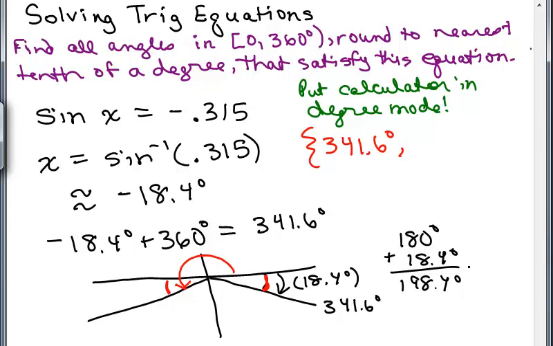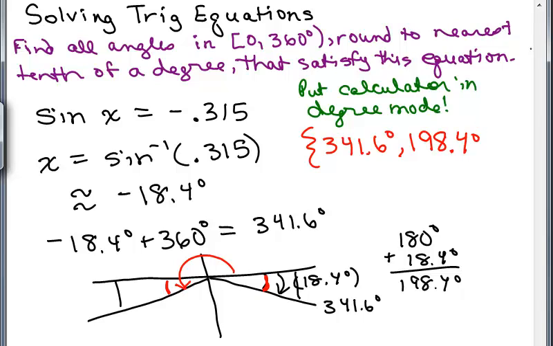Rather than memorize it, I always like to look at the picture, and you're just doing a little problem solving to figure it out. All right? Because this should have the same sine. If you look at it, right, same sort of triangle. The y-coordinate's negative in both cases. The radius here, or the hypotenuse, is the same. So my other one looks like it's going to be 198.4 degrees.